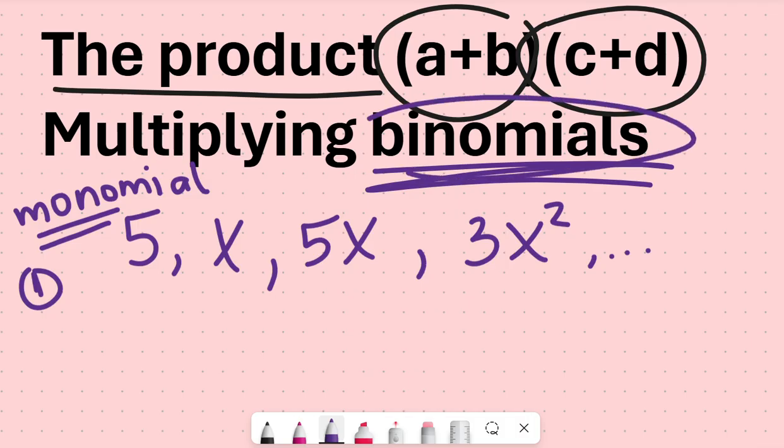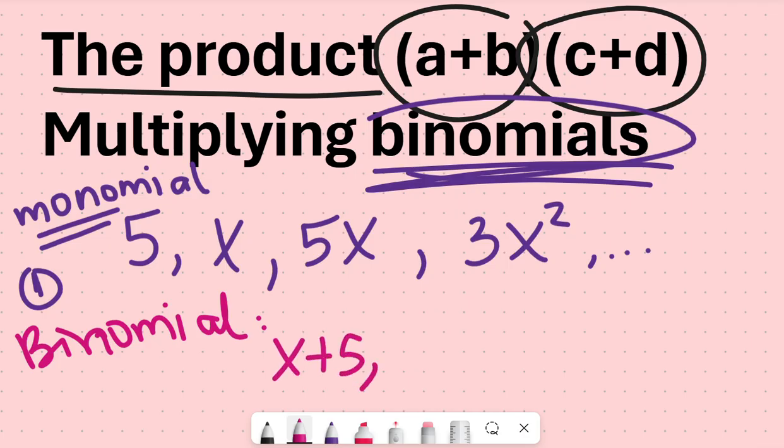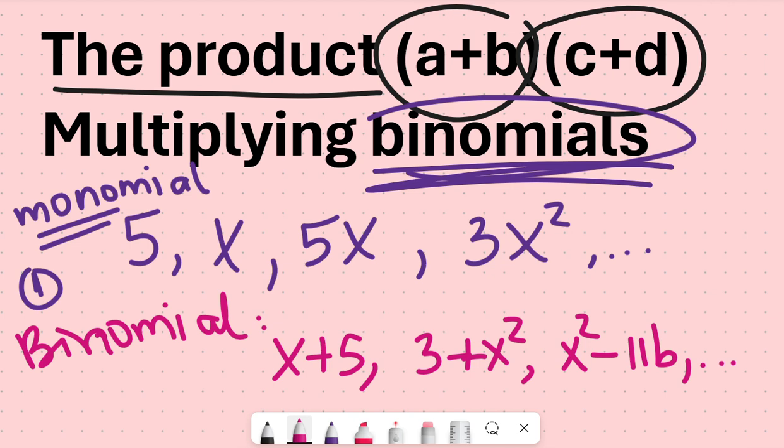But if we say binomial, then it means two terms combined. For example, x plus 5 is a binomial, or 3 plus x squared is a binomial, or x squared minus 11b is a binomial, and so on.